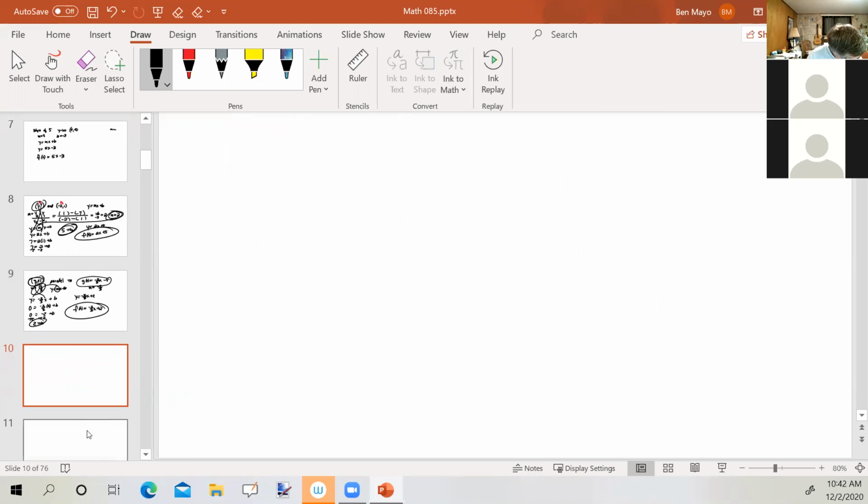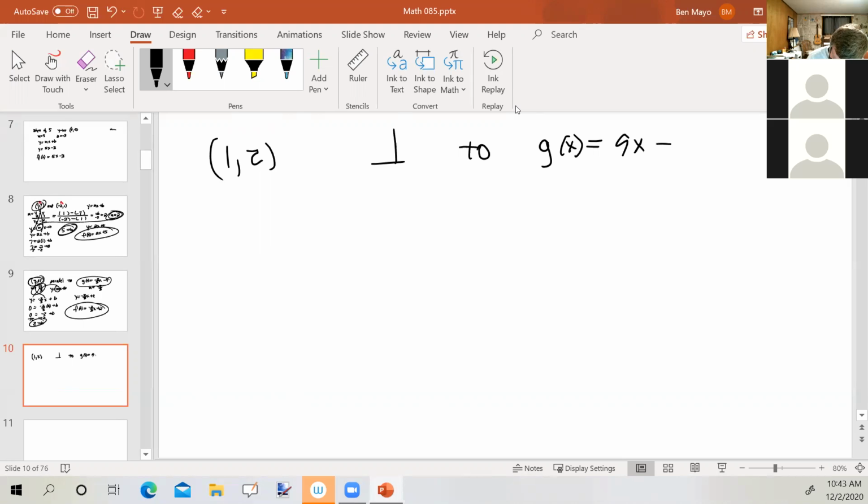How about the equation of a line that passes through the point (1, 2), and it's perpendicular to the graph of g(x) = 9x + 5.